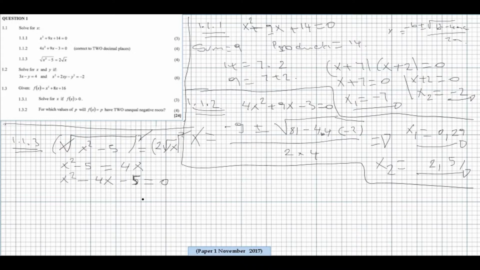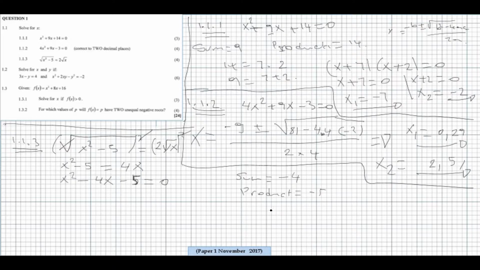So we have the sum of the roots, which is the coefficient of x. In that case, the coefficient of x is negative 4, and the product is equal to negative 5. So now we need to find two numbers, so that when we multiply them, we get negative 5, and when you add them, we get negative 4.